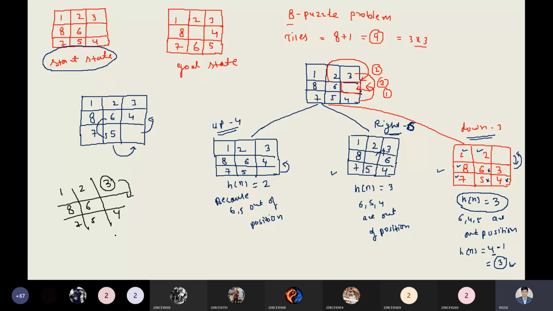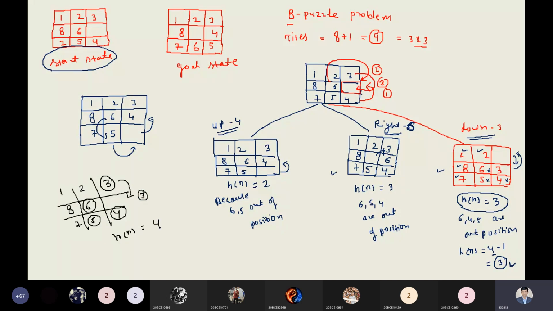What you are doing is trying to calculate the heuristic function. First, you are increasing the heuristic function value. After shifting the 3, you will work with the 6, 5, 4, and 3. That is shifted. So why are you increasing the unnecessary heuristic function value?